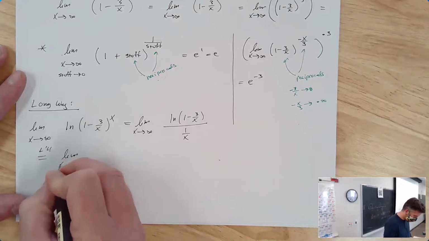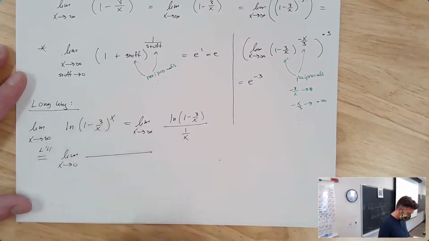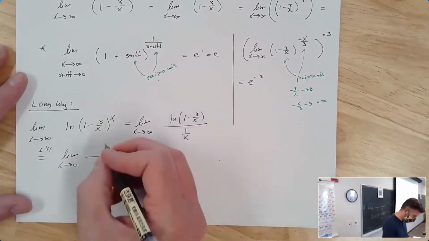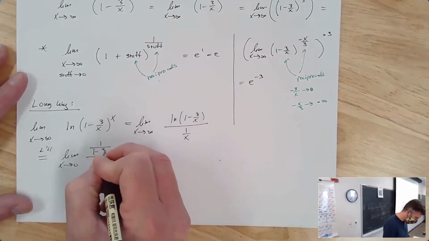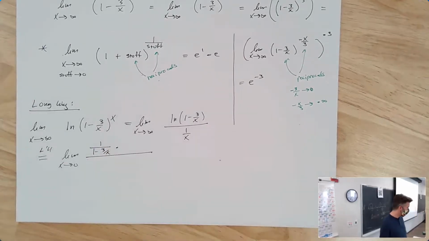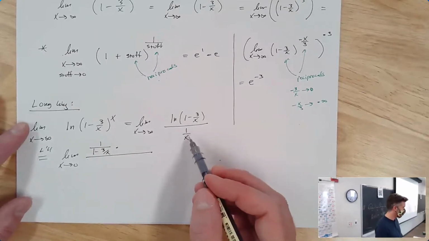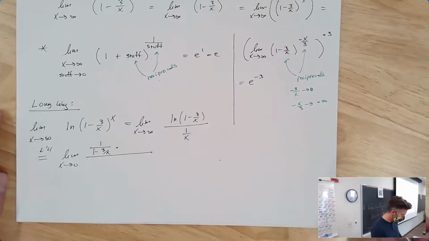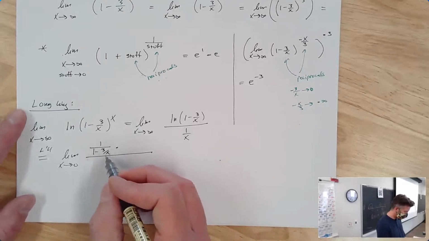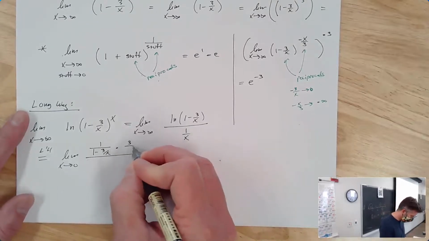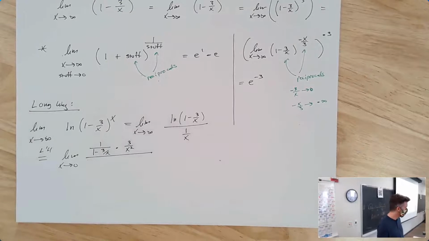So now using L'Hopital's rule, the derivative of the natural log of some stuff is 1 over the stuff times the derivative of the stuff. I always remember that the derivative of 1 over x is negative 1 over x squared. So the derivative of negative 3 over x should be positive 3 over x squared. Or you can write it out, right?